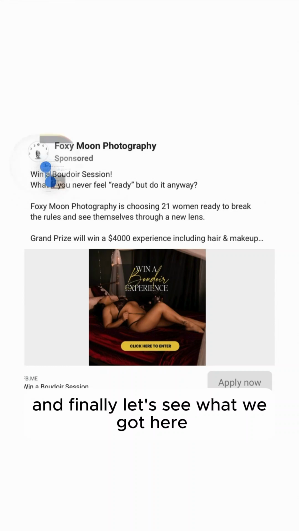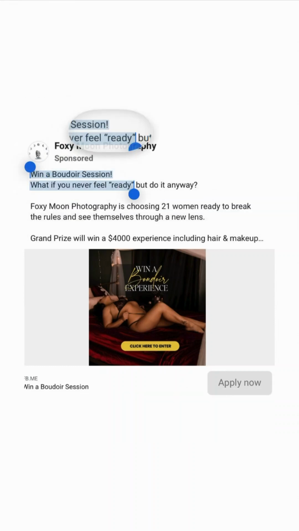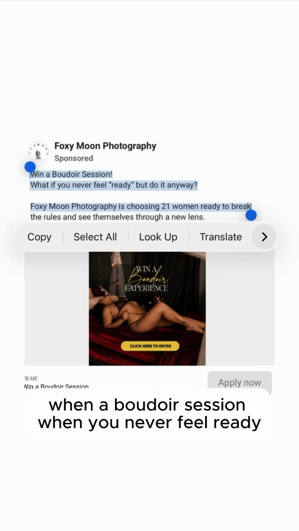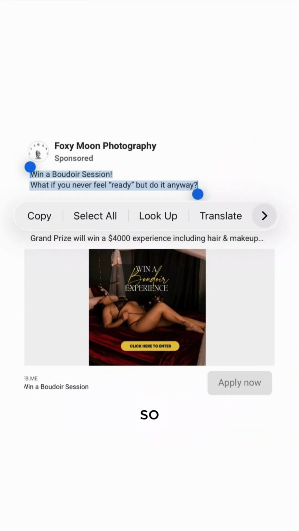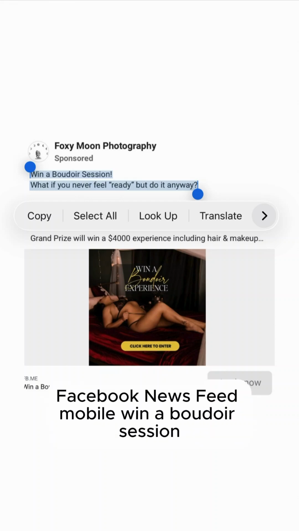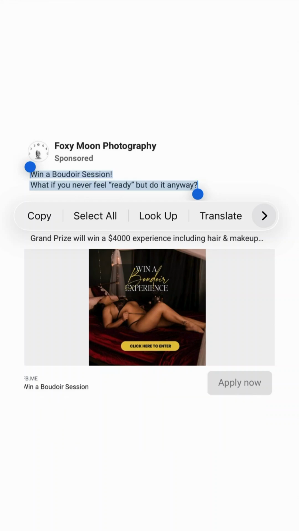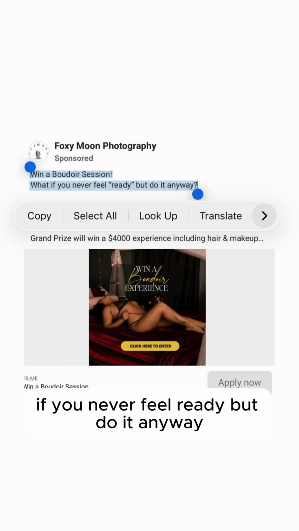And finally, let's see what we got here. When a boudoir session, when you never feel ready, but do it anyway. So, looking at the See More headline here, first 2 3/4 lines, Facebook newsfeed mobile.